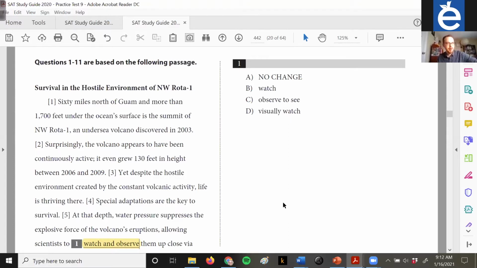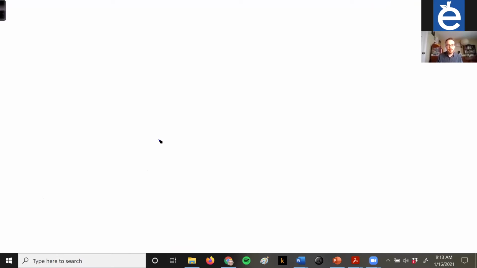So I'm going to bring up an idea here of the basic categories of these questions. If you ever need a shorthand for what it is you're going to be tested on, the writing and language is going to basically test you on if the passage follows 3 C's.